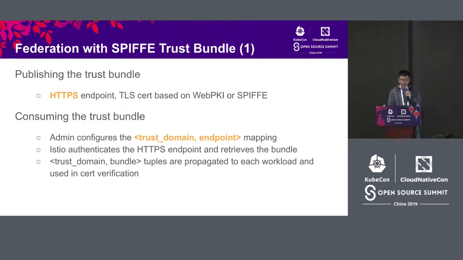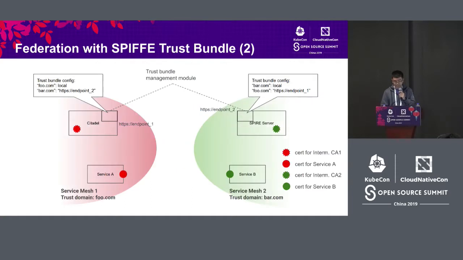The consuming part, Istio admin needs to configure a mapping from the trust domain to the endpoint. And then when Istio gets that mapping, it authenticates the endpoint and retrieves the bundle from it. And then it will build up a message, including this trust domain and bundle tuples, and propagate them to their workloads. And the workloads can use it in their certificate verification.